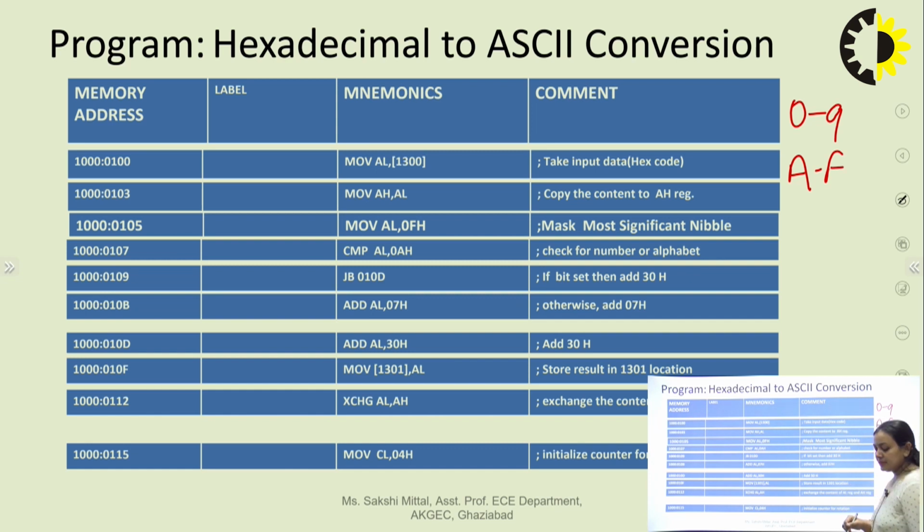So the concept says if you have got a hexadecimal number from 0 to 9, you must add 30. If you have got a hexadecimal number from the range A to F, then you must add 37. So for 0 to 9, you have to add 30, and for A to F, you have to add 37 hexadecimal.